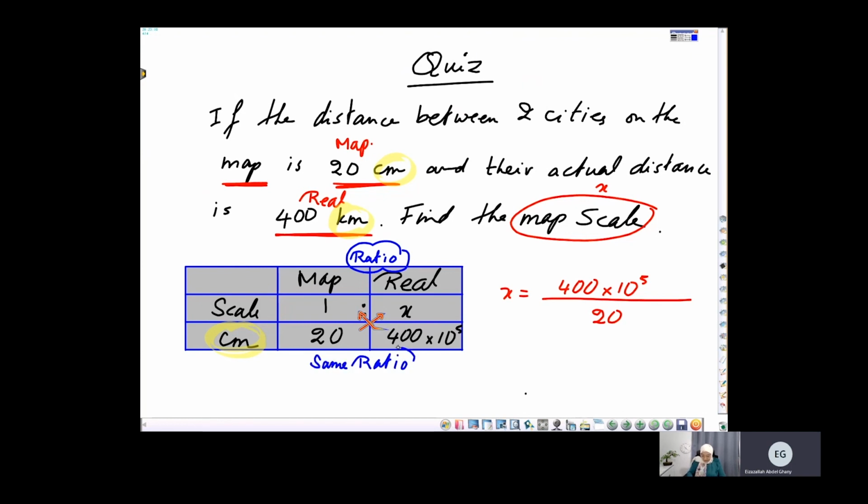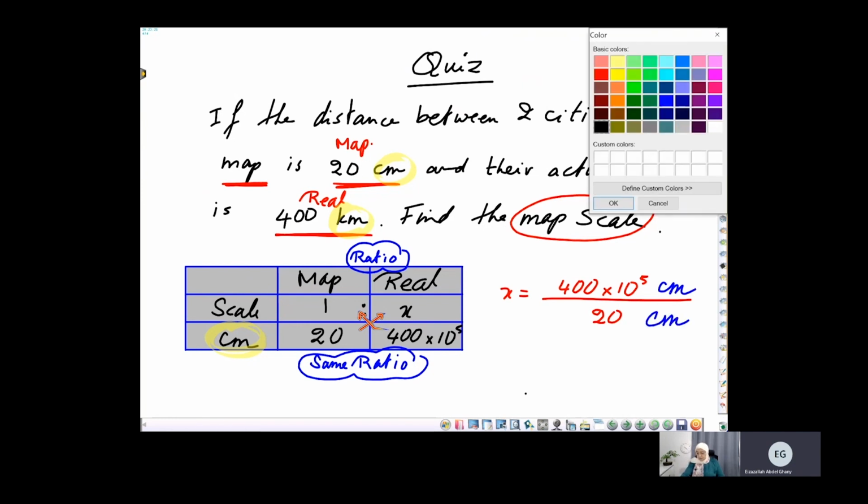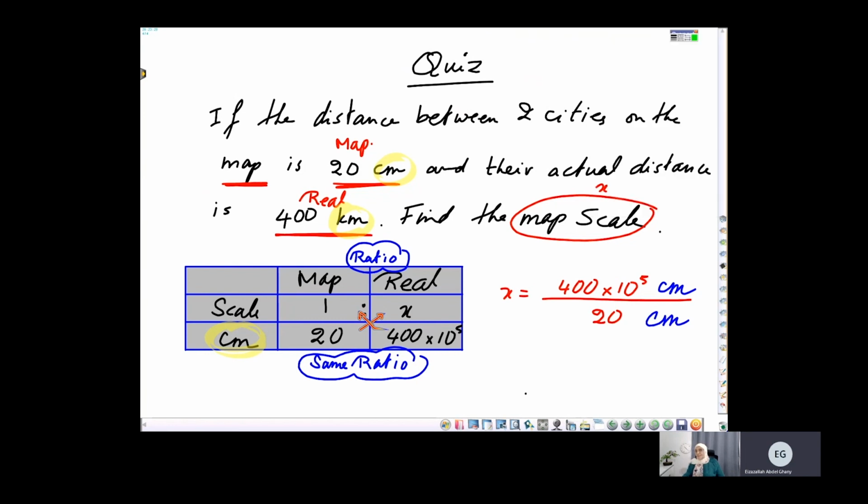Between the distance on the map and the distance in reality. So the distance now, 400 multiplied by 10 to the power of 5, is measured in centimeters, and this 20 is also measured in centimeters. What did you realize? If we cancel centimeter with centimeter, we will get the ratio.